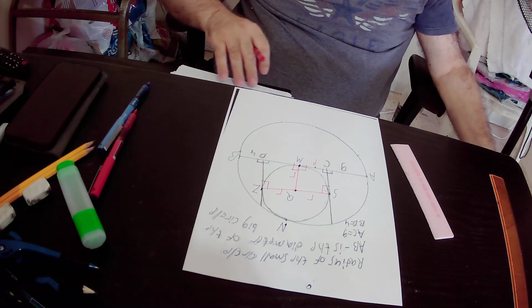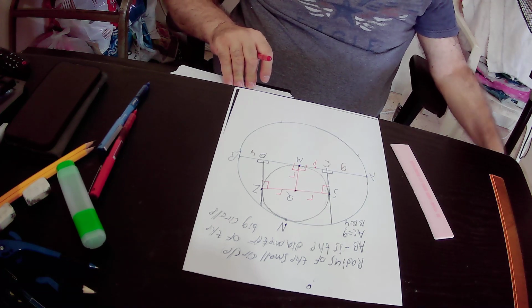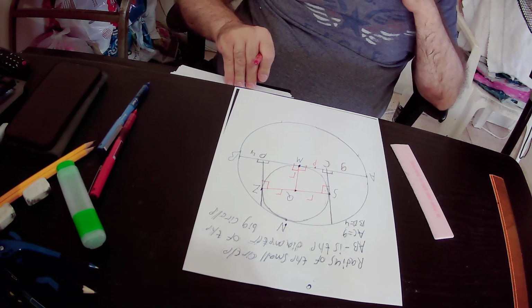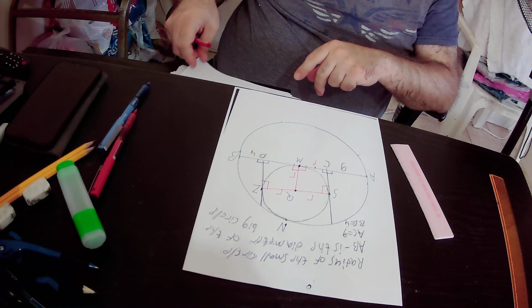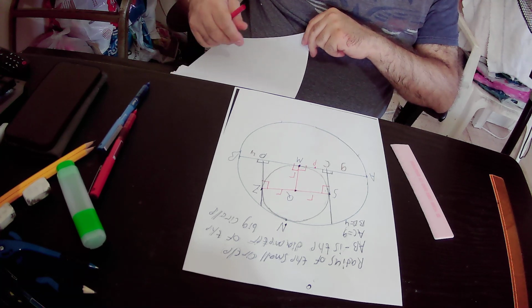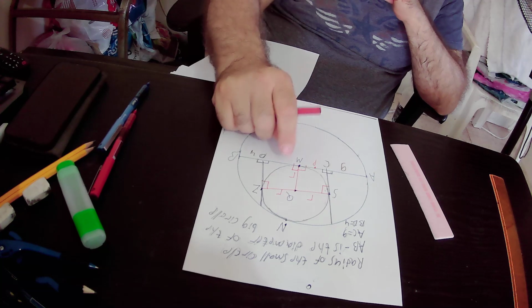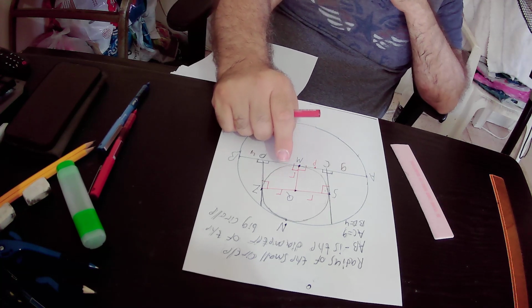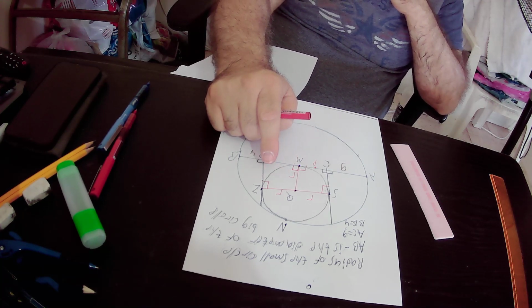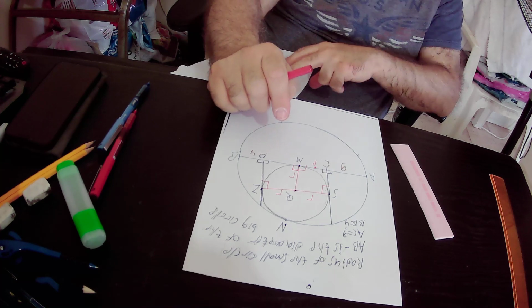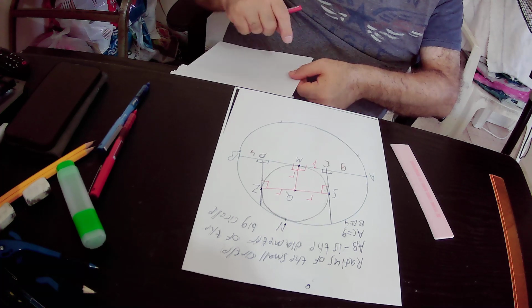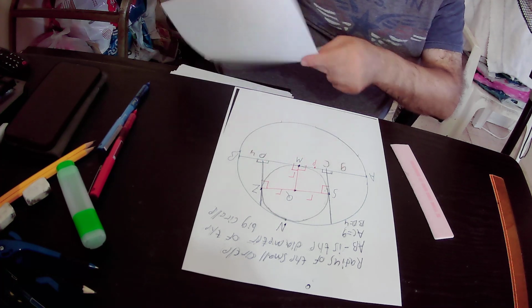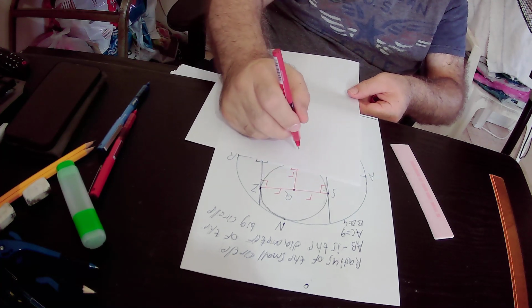Okay, so actually in quadrilateral QZMD, we have three right angles, 1, 2, 3. So I write it down.